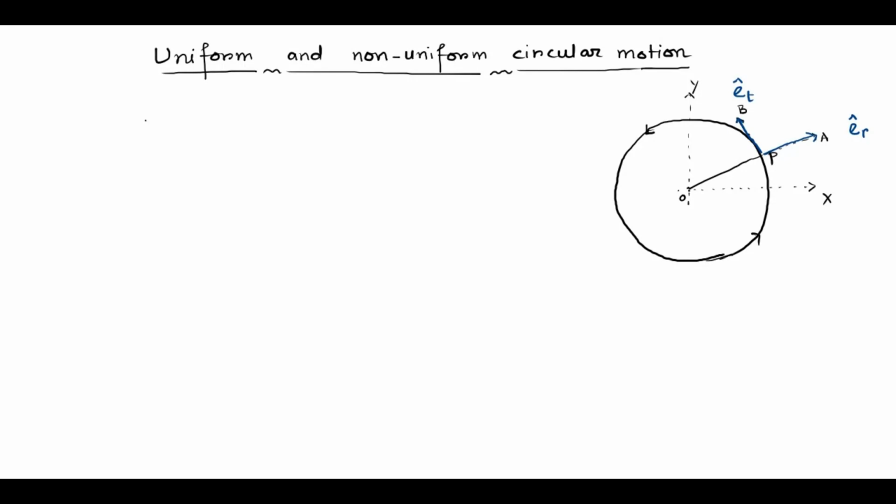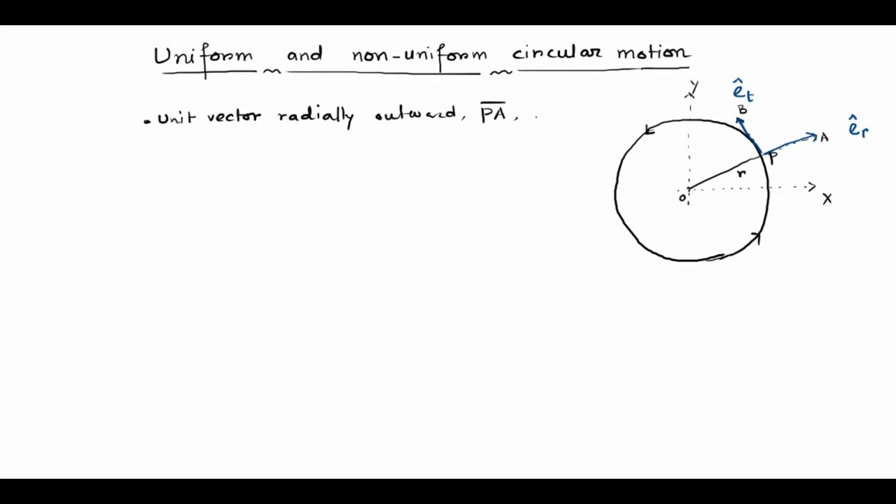So one is the unit vector radially outward, on a circle of radius R, that is along the PA vector.